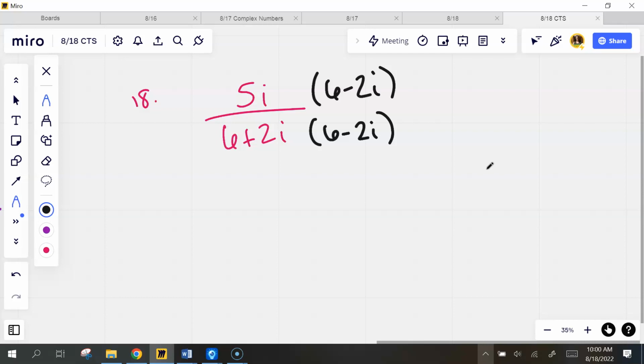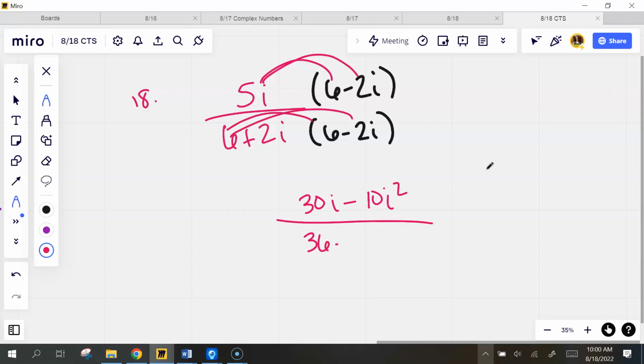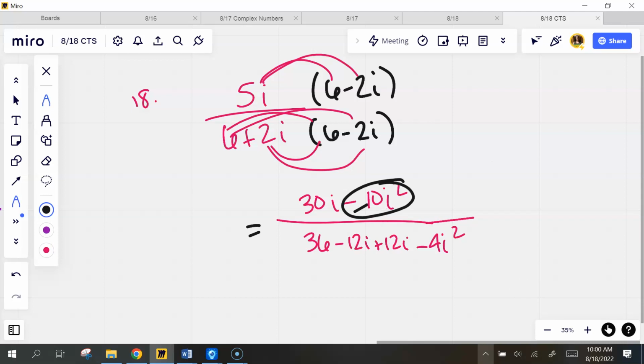Now I'm in a distribute situation. So I have 30i over... this becomes plus 10.